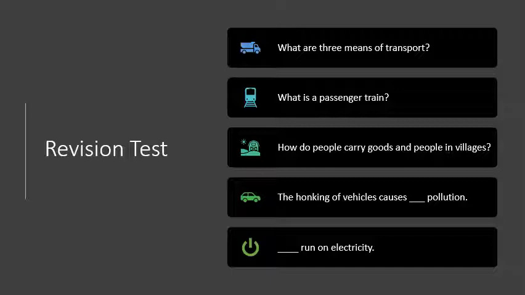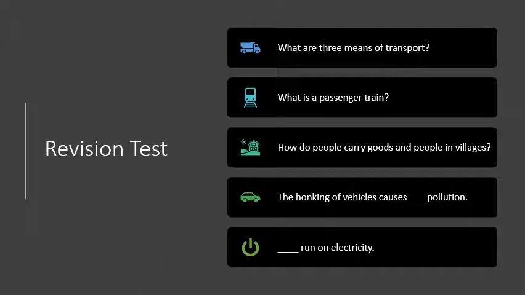The next question, question number 3, is how do people carry goods and people in villages? Then we have fill in the blanks. The honking of vehicles causes dash pollution.